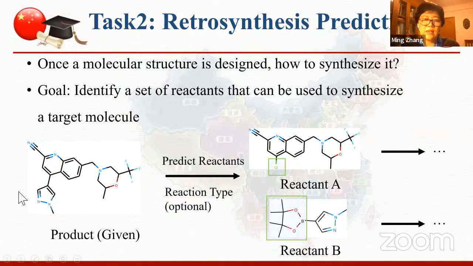So on the left side is the product, given the product which is generated by our model GraphAF, and then we need to predict the reactants, and we need to tell the chemist how to produce this kind of product.